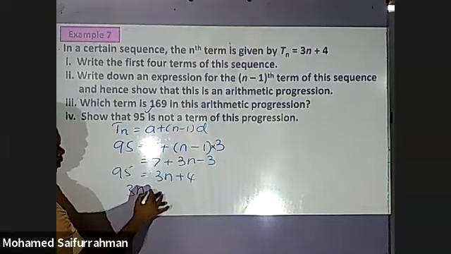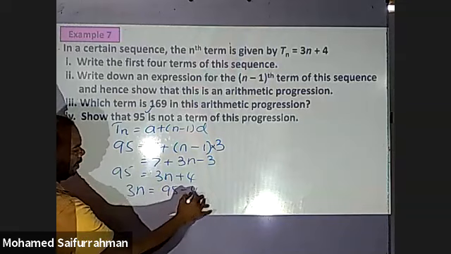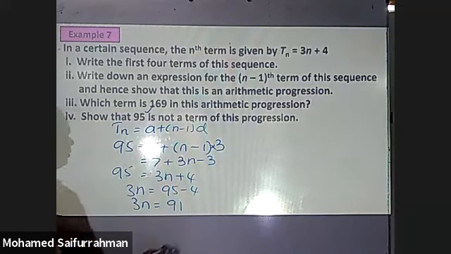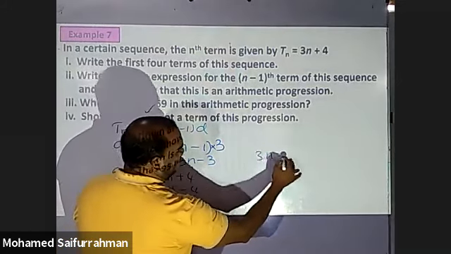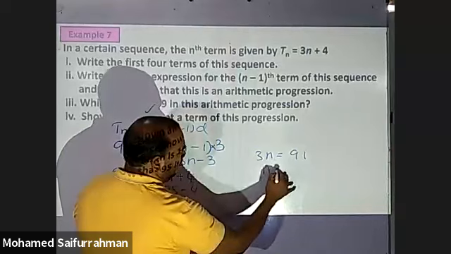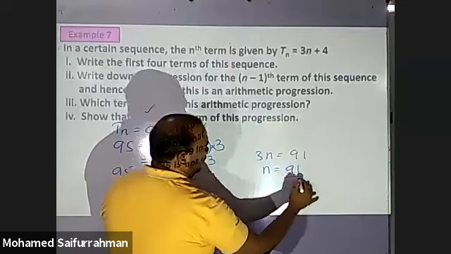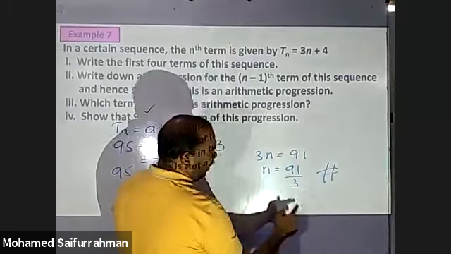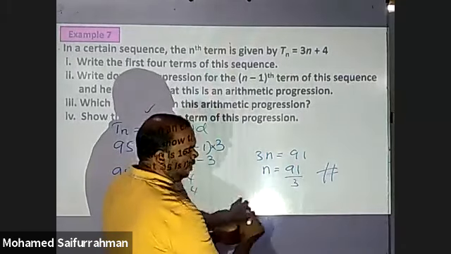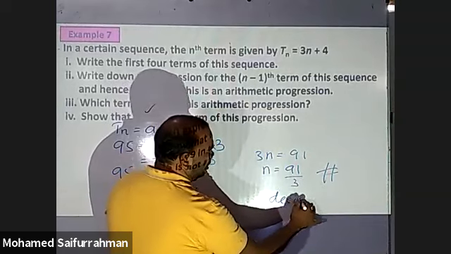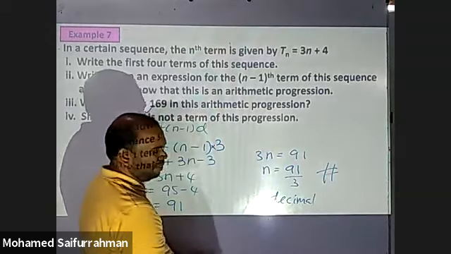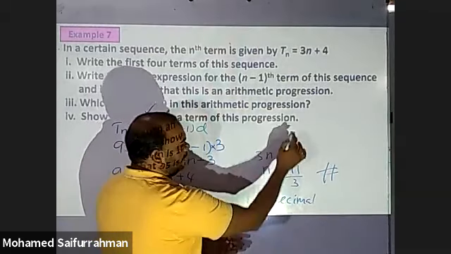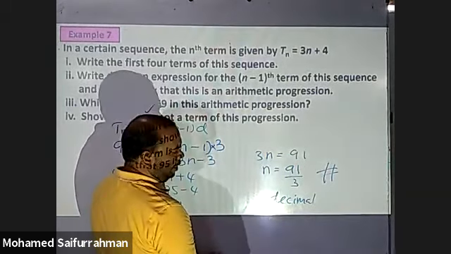So 3n equals 95 minus 4. 3n equals 91. n equals 91 divided by 3. Cannot be. 91 is not divisible by 3. Decimal answer. So if the answer is a decimal, meaning 95 cannot be a specific term, right?